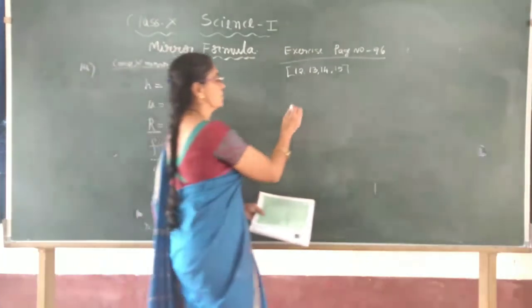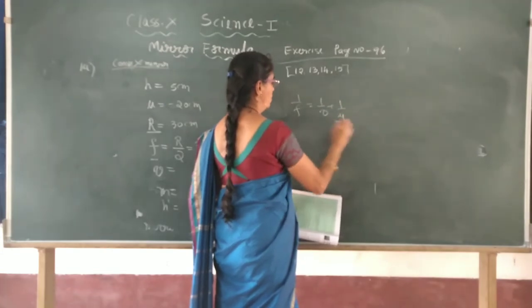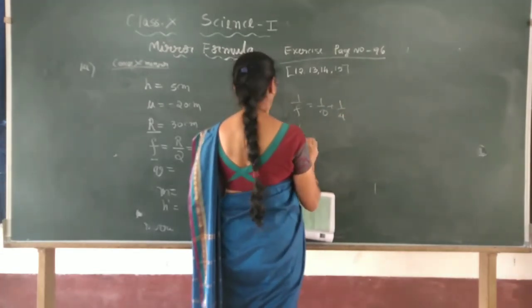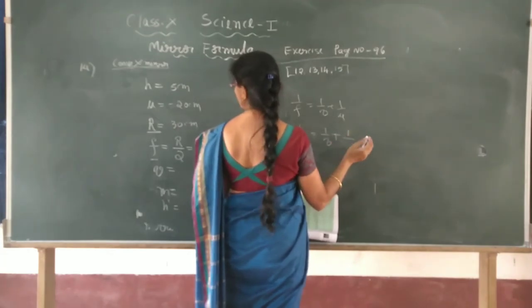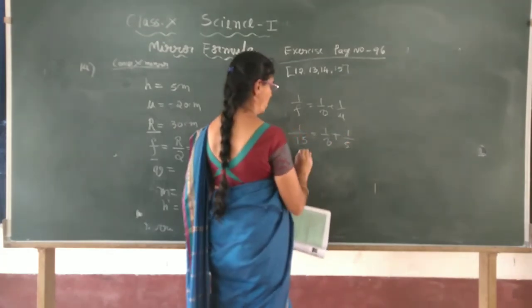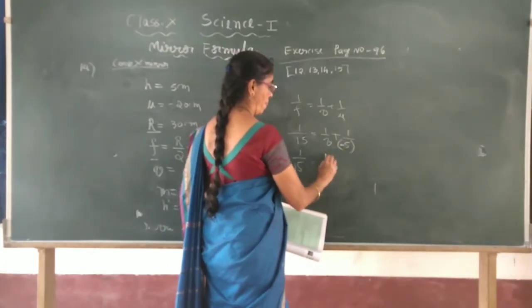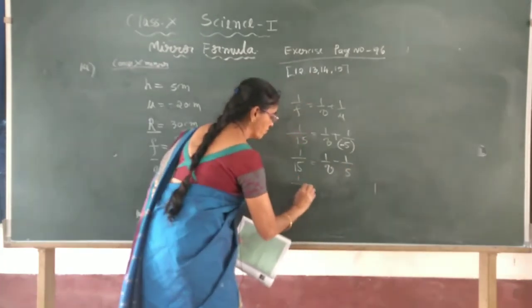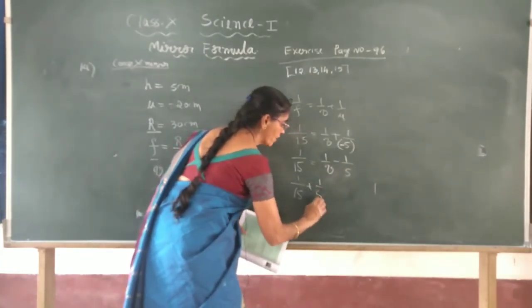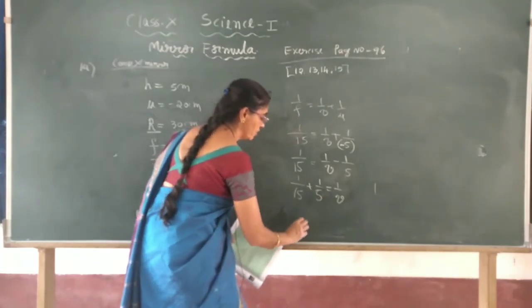So we have to use 1 by f is equal to 1 by v plus 1 by u. So 1 by 15 is equal to 1 by v plus 1 by minus 5. 1 by 15 minus 1 by v is equal to minus 1 by 5, bring it: 1 by 15 plus 1 by 5 is equal to 1 by v. Common denominator is 15.